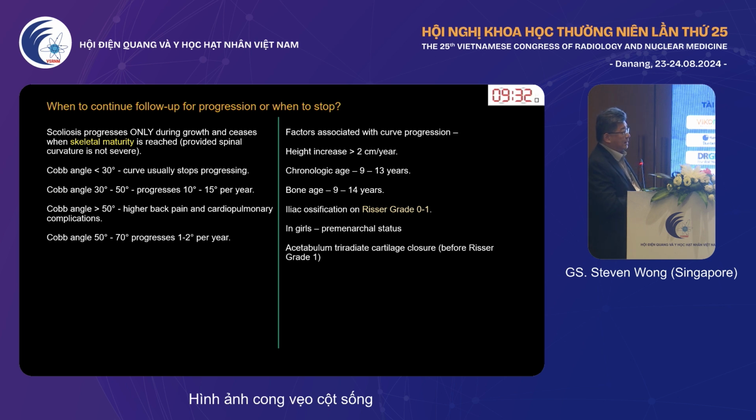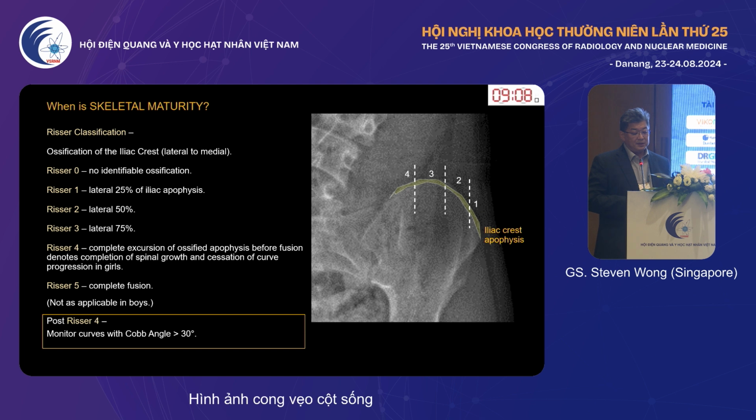In girls, their pre-menarche status, or when they achieve puberty, is usually earlier than boys. And sometimes, once they reach that phase, their scoliosis may actually accelerate, and get worse for a period of time. So you actually do need to have a close follow-up for them.